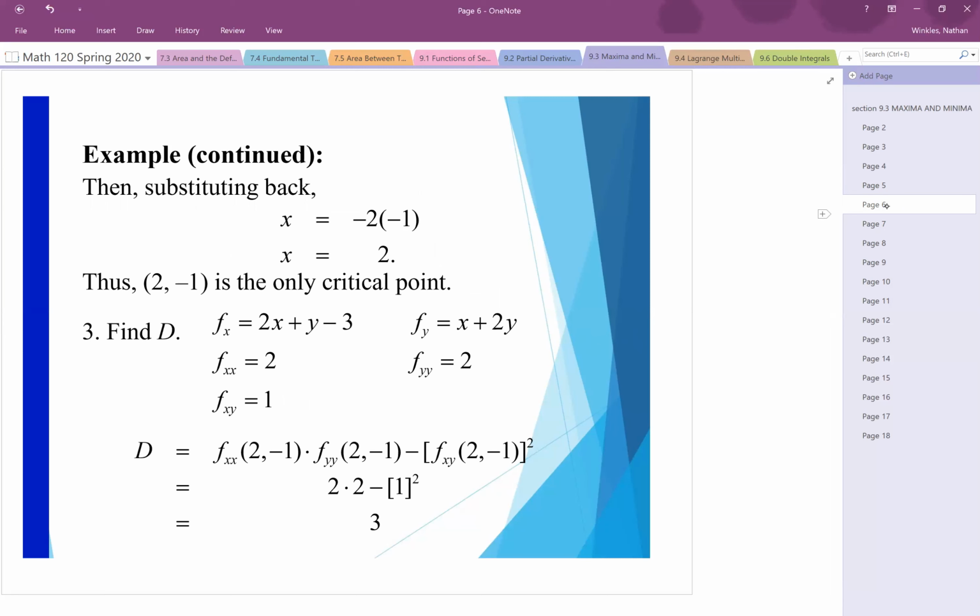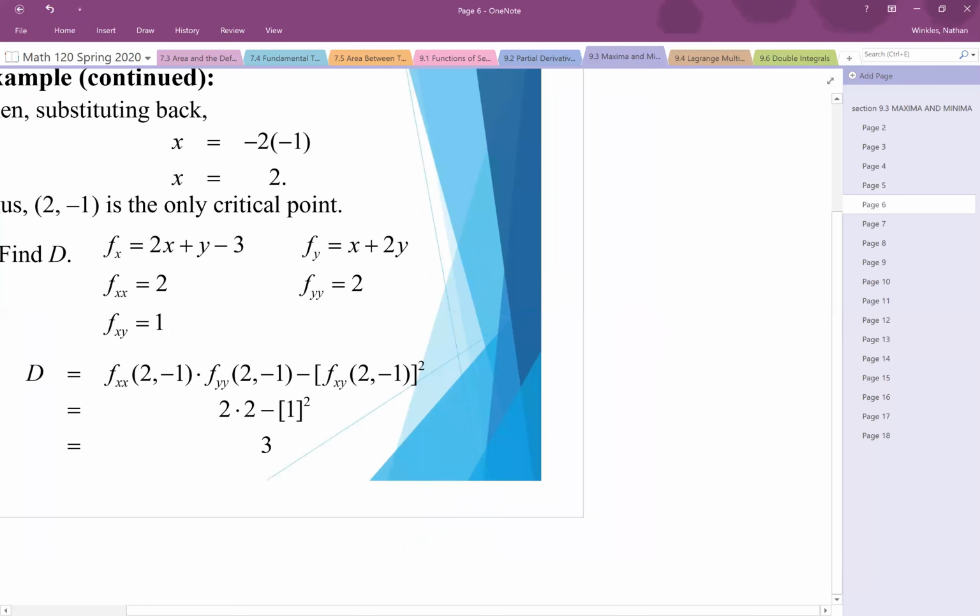Using the same partial derivatives we found two slides back, we now want to plug into our D function, fxx times fyy minus fxy all squared. So fxx is 2. Fyy is also 2, because they are constant functions.